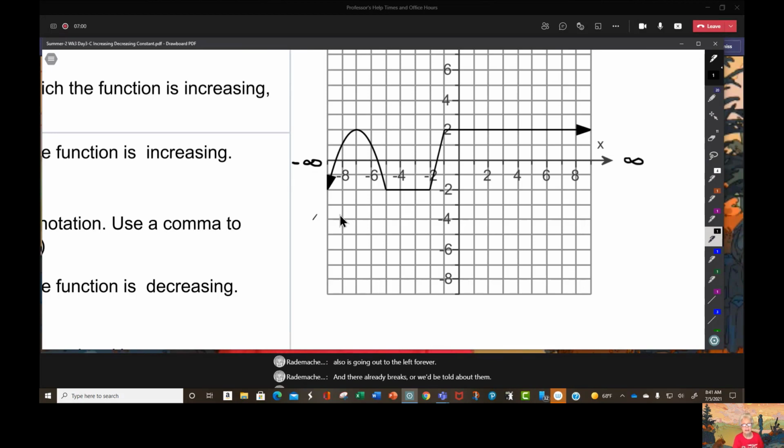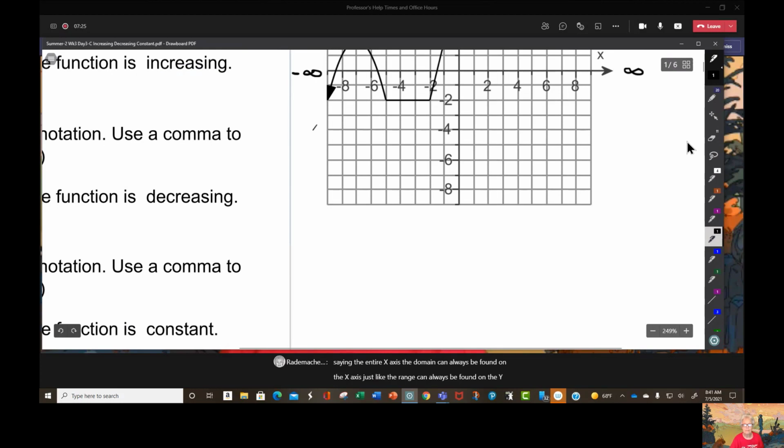So I would say with some certainty that the domain is negative infinity to positive infinity, which is another way of saying the entire x-axis. The domain can always be found on the x-axis, just like the range can always be found on the y-axis.